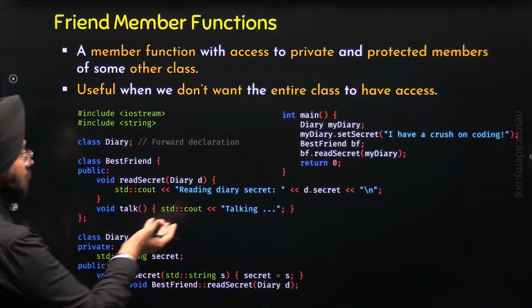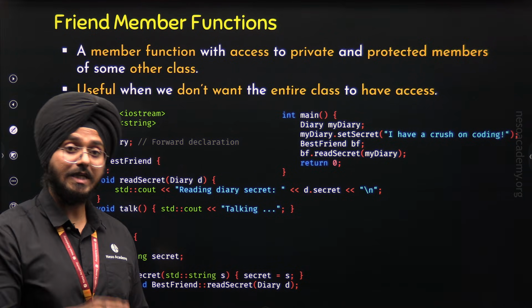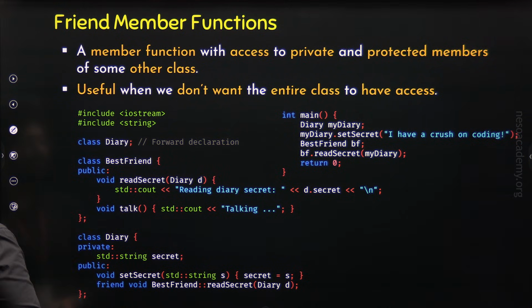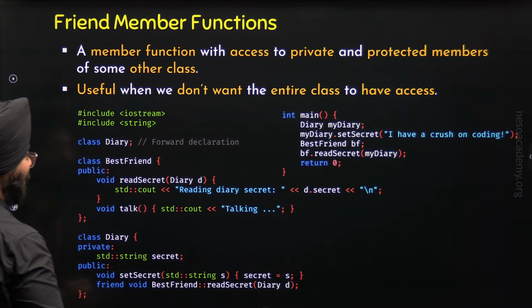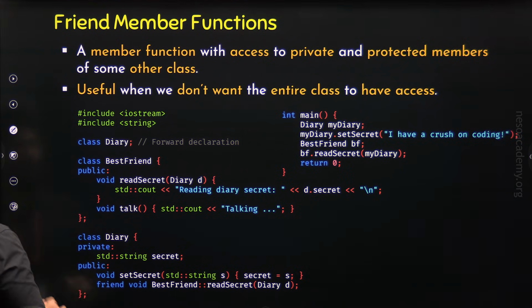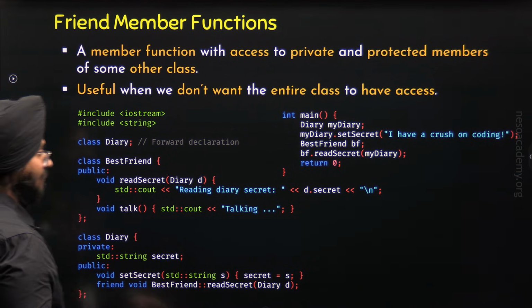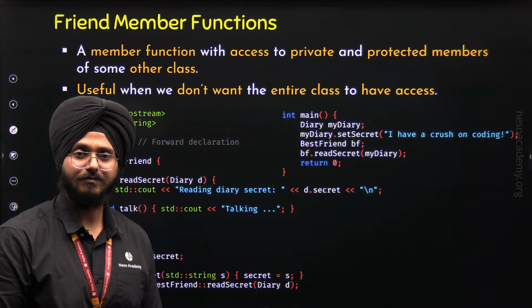We just need to use the scope resolution operator to tell the compiler that the function belongs to a specific class. Here, we just need to declare this function, and then after this, we can define this function after this class definition. Then there will be no problem.